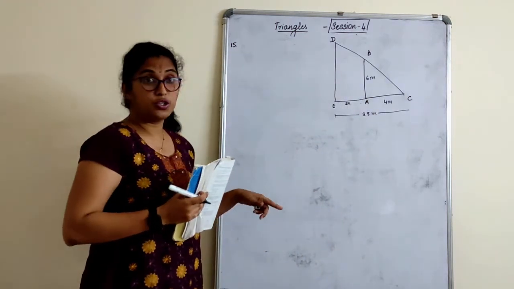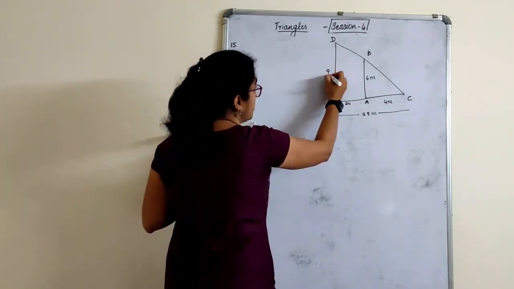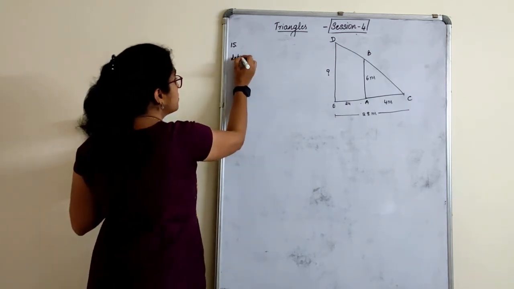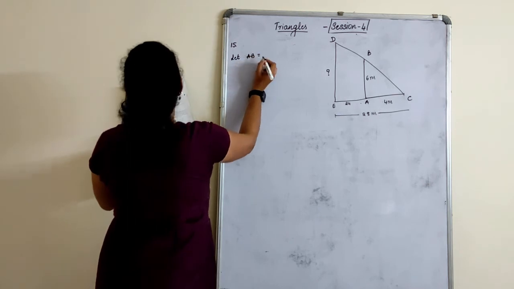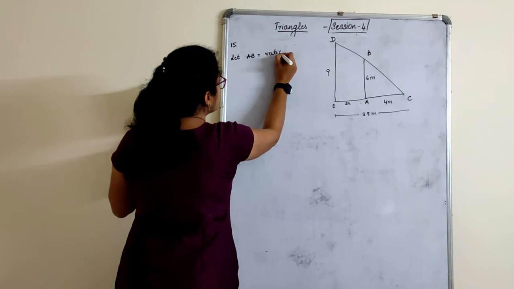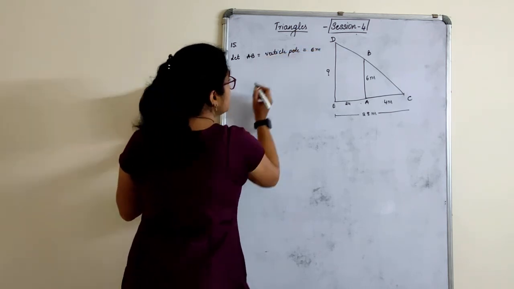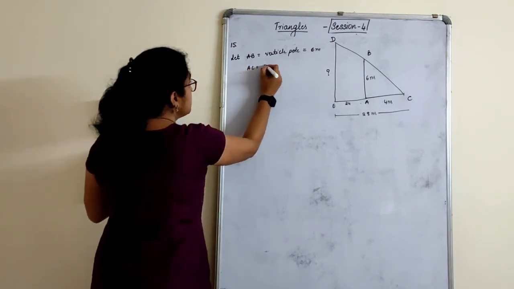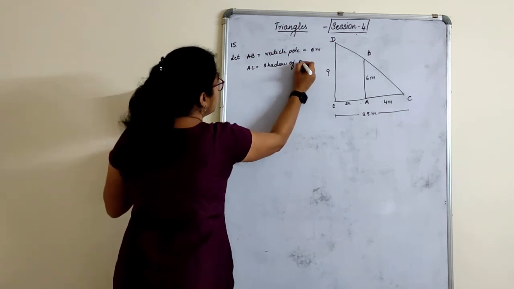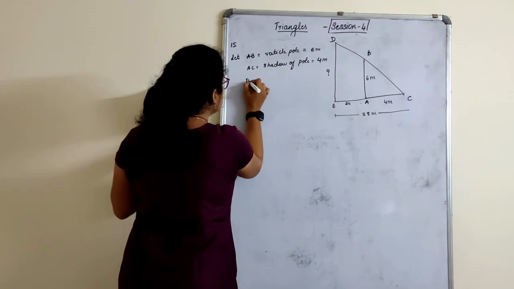Whenever such type of question comes, yeah, finally we'll read it. Find the height of the tower. Yes. We have to always name what we have used. Let AB be the vertical pole that is equal to 6 meter. AC be the shadow of pole that is equal to 4 meter.